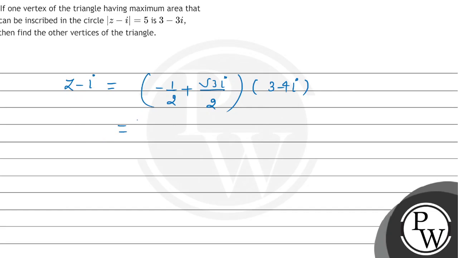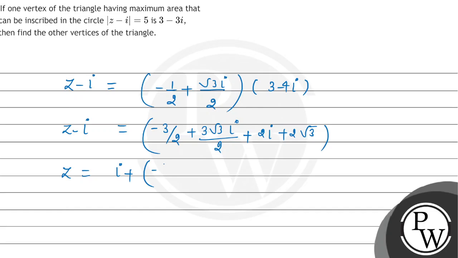Now we'll do the multiplication. So we have z - i, and after solving this we can write it as -3/2 + 3√3 i/2 + 2i + 2√3. So this is the value. Now we can say z will be i + (-3/2 + 3√3 i/2 + 2i + 2√3).